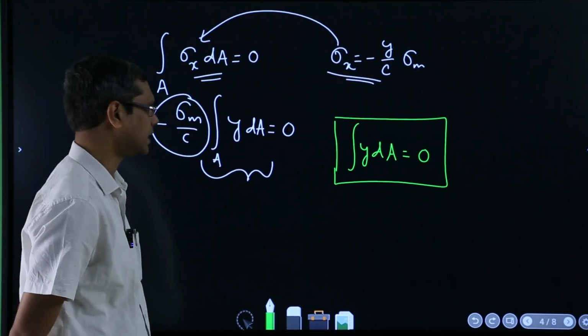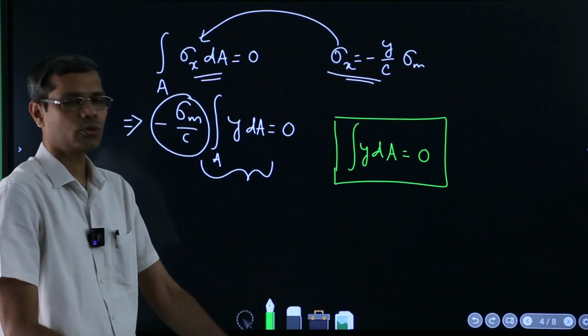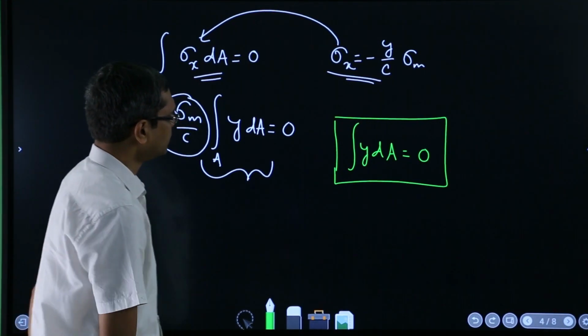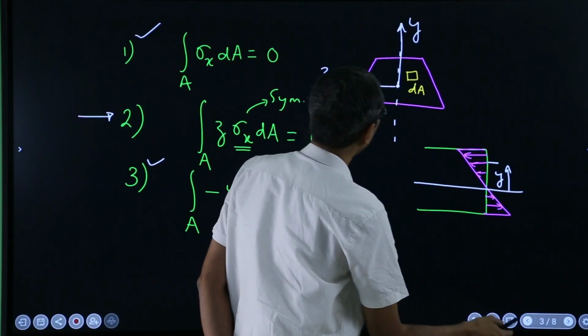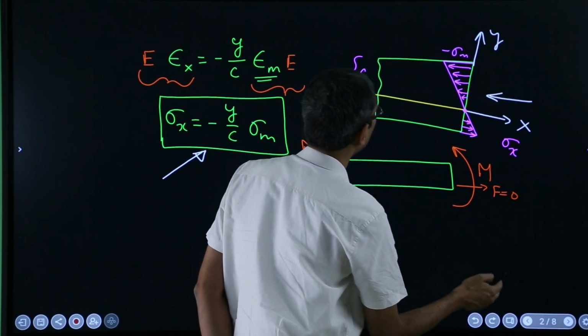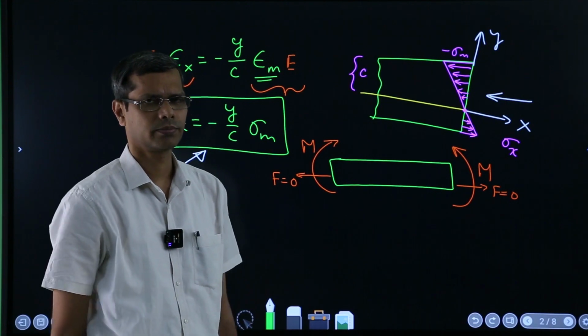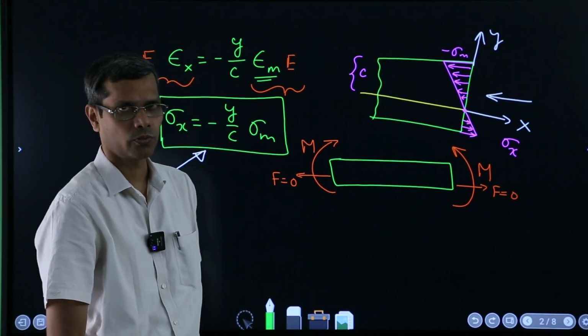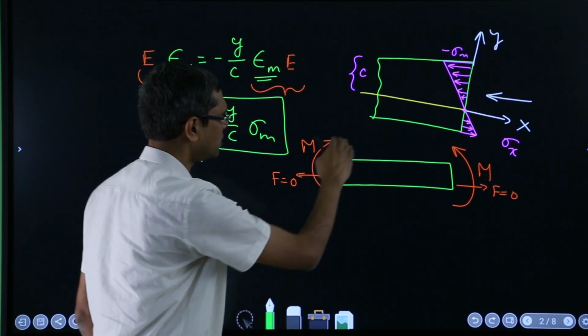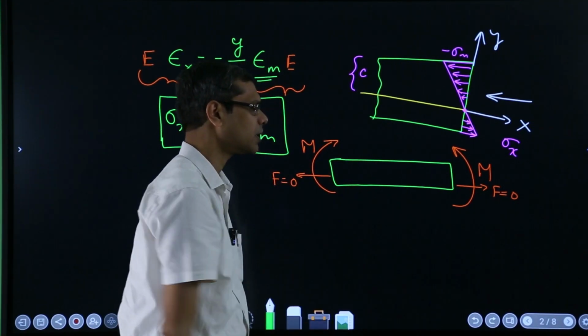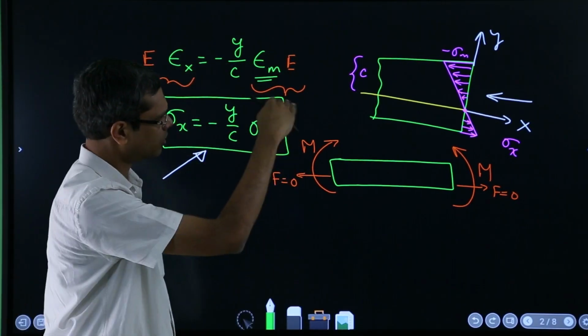Now why does it tell that? Why are these two sentences equivalent? See this. Earlier we had assumed that our neutral axis passes through some point. We didn't know which point it passes through. So this neutral axis, or neutral surface you can say, because this is a complete surface, passes through some point on the cross section.